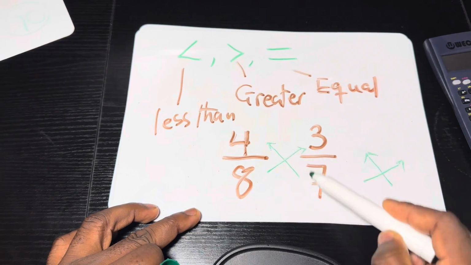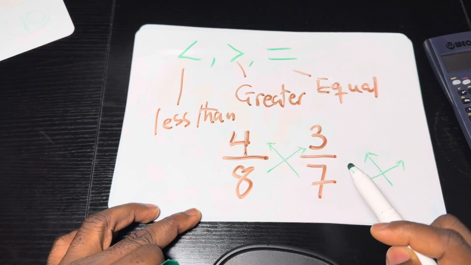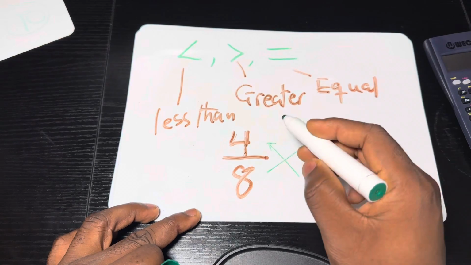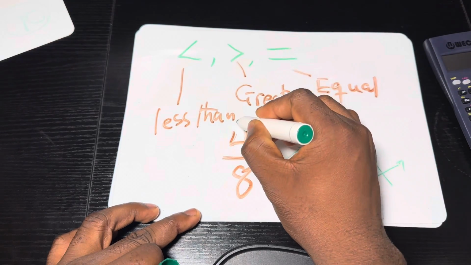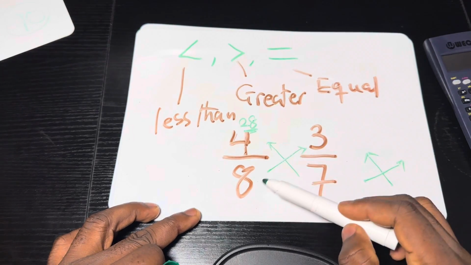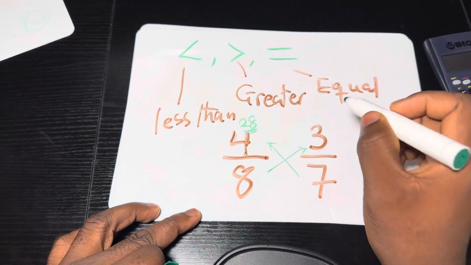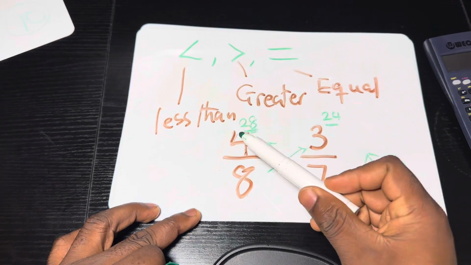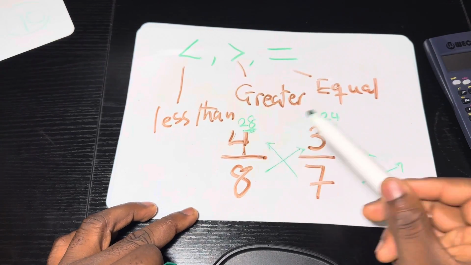So you're going to have to multiply these two numbers, and then you always keep the new number on top of the top number. So 7 and 4, if you multiply that, that gives you 28, and it stays on top of the top number. Same way, you're going to multiply 8 and 3, and that gives you 24, and it stays here. Once you have that, you use the two top numbers to compare the fractions.